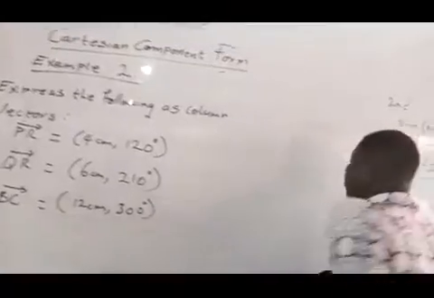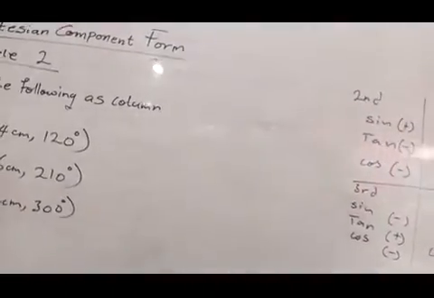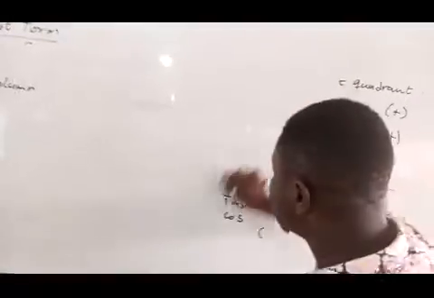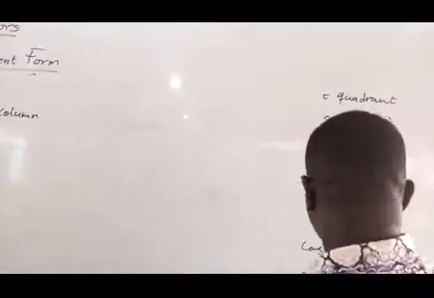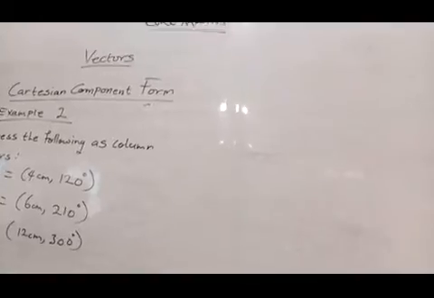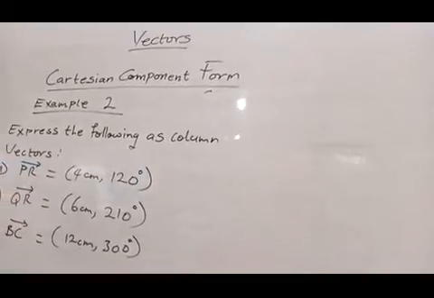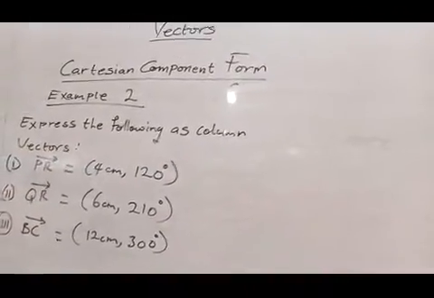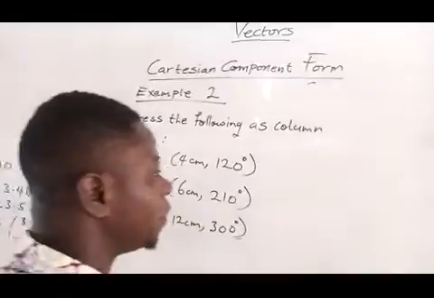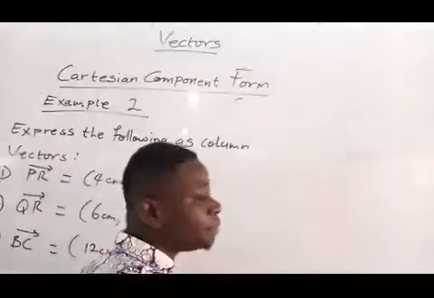Now there's another approach that we can use. With that approach, it happens to be easier and faster. But it pays to understand both approaches. The reason being because when we move further, we will be making more use of this vector bearing approach, the component form or the Cartesian plane form.